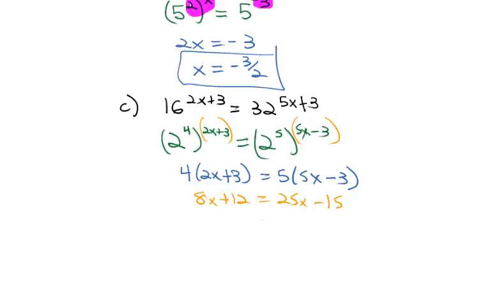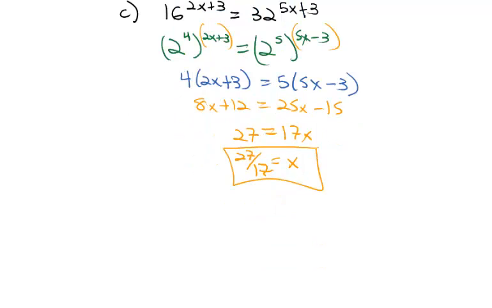Subtract 8x from both sides. That's going to give us 17x on the right. Add 15 to both sides. That's going to give us 27 on the left. Divide by 17, and x is equal to 27 over 17. So that's how we can solve basic exponential equations.